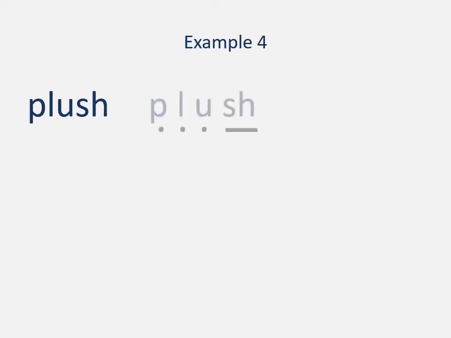The example was plush, p, l, u, sh. So we write that P-L-U-S-H, and the sounds, the phonemes, are p, l, u, sh. The last phoneme, sh, is made by writing S and H together.